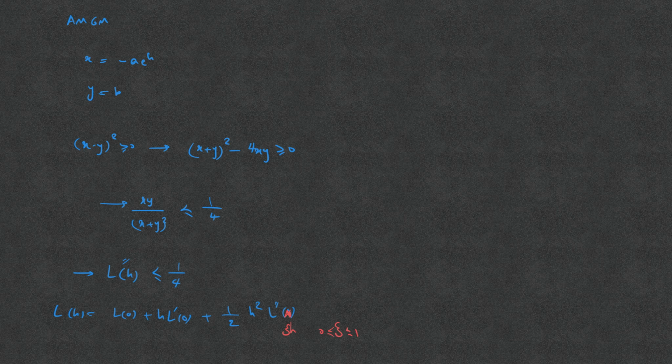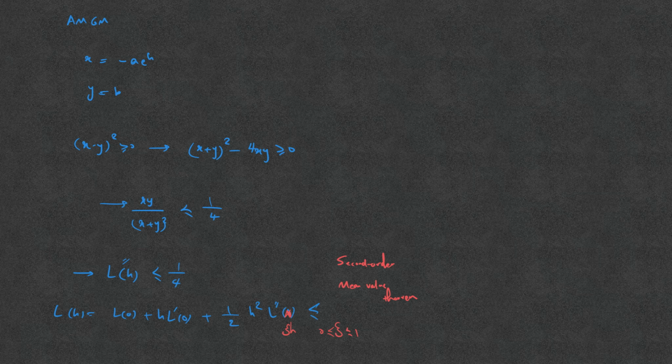This is based on Taylor's theorem, or the second order mean value theorem, which states that there's going to be a point between 0 and 1 that if you multiply it by h and put it in here, this equality holds. And thus you can use the fact that these two are 0 and use the bound on the second derivative and limit the L(h).